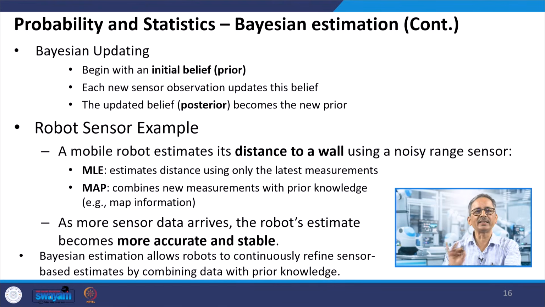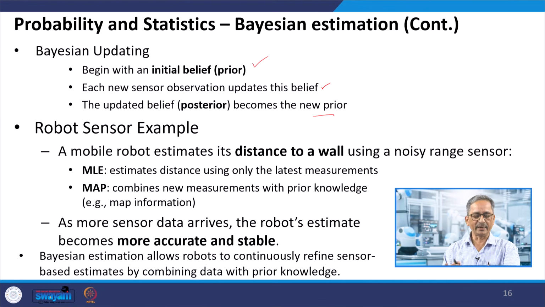In Bayesian updating, we begin with an initial belief, each new sensor observation updates this belief, and then the updated belief becomes the new initial belief, and that is how we go on doing this Bayesian updating.